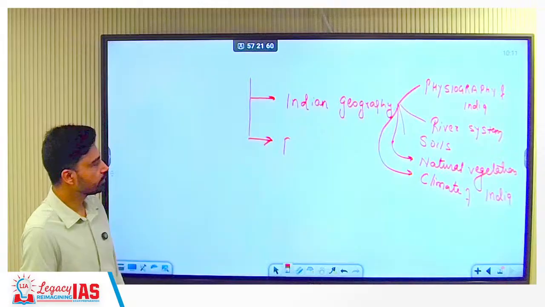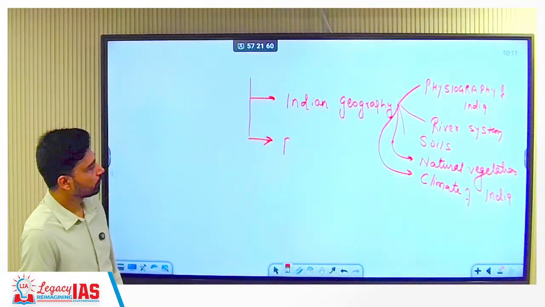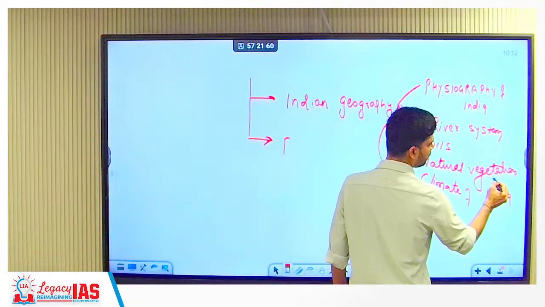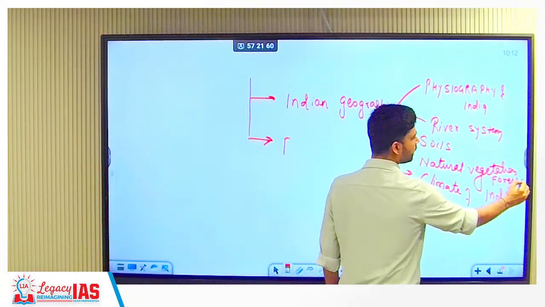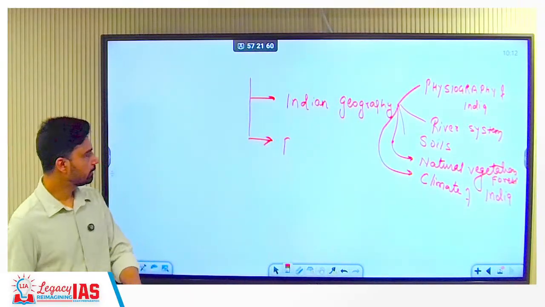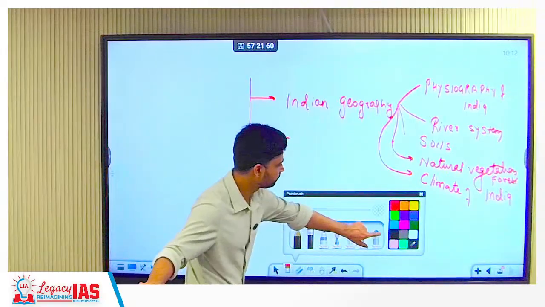Physiography of India, river system, soil, natural vegetation. Natural vegetation is forest also, we can say. Natural vegetation or forests of India: the types of forest classification and all we have to cover. And then the climate of India.